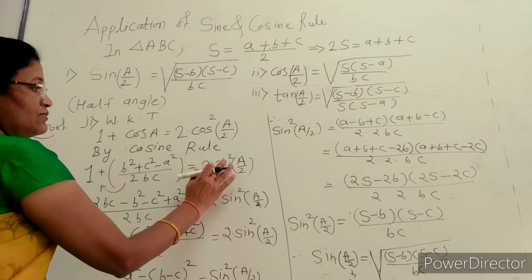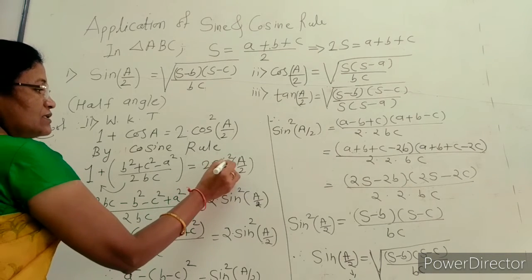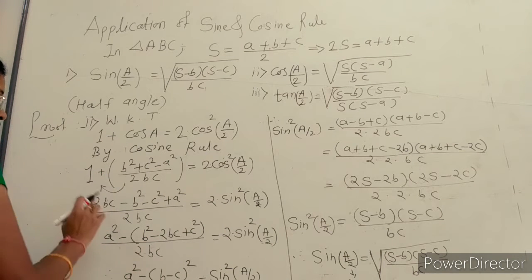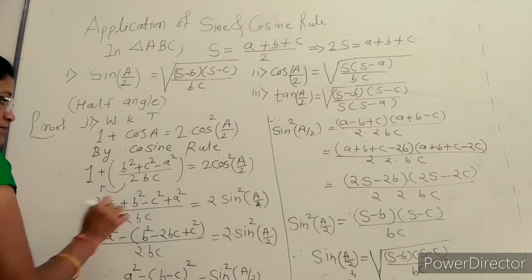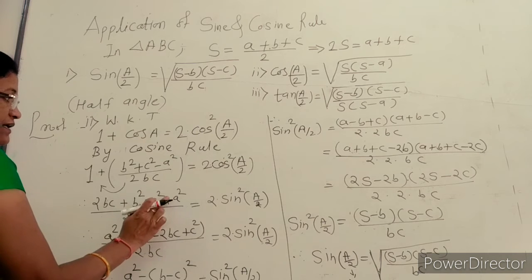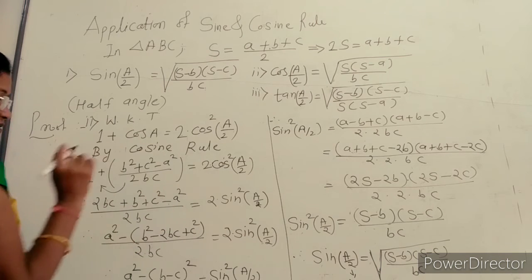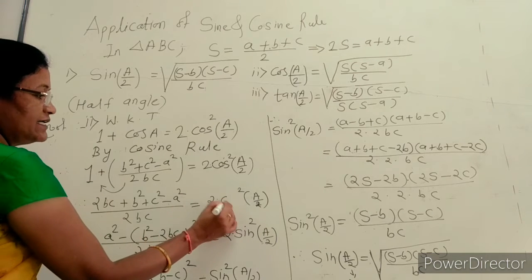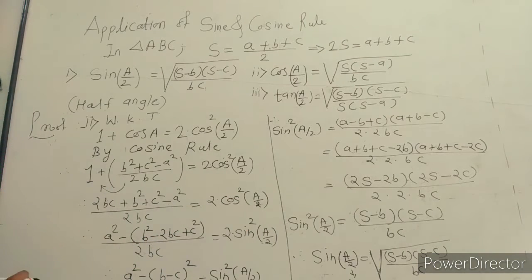That gives the result for 2 times cos square A by 2. So that addition gives 2bc cross multiplied, b square plus c square, and that minus a square remains as it is because we take only addition. Here on the right side we get the expression for cosine of the angle.